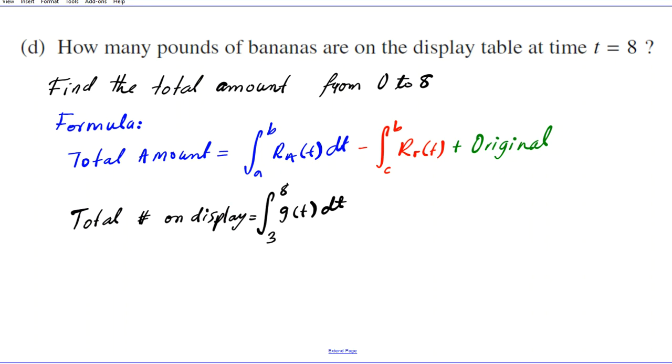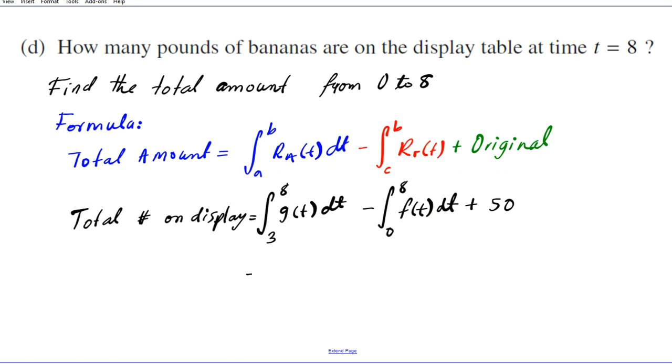Then we'll subtract the rate of removal, which is the f of t function, which started right from the open, so from 0 to 8 of f of t dt. And then we'll add the original amount. How many bananas were there originally? There were 50. So plus 50.